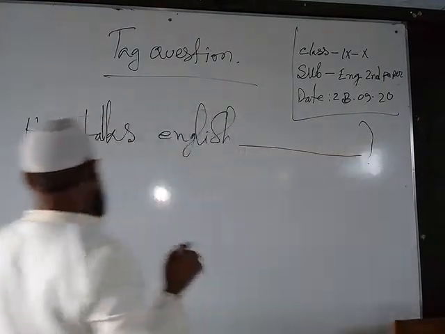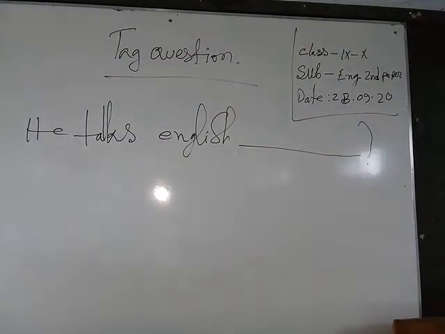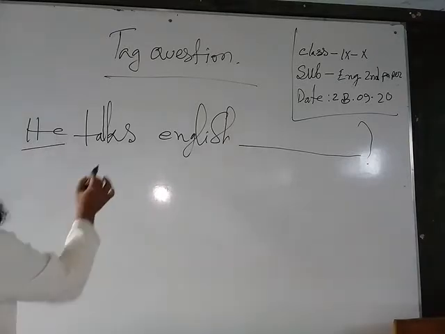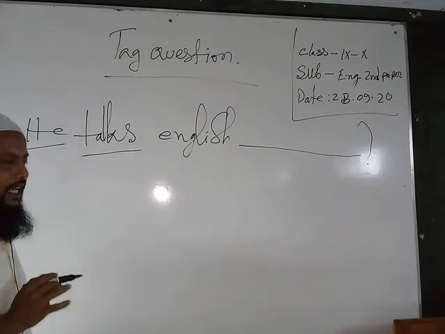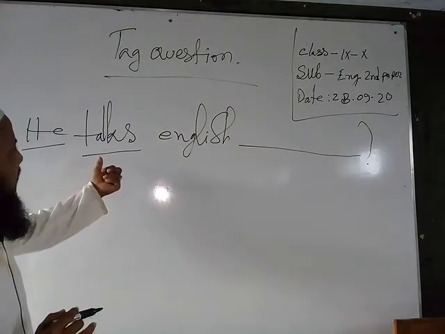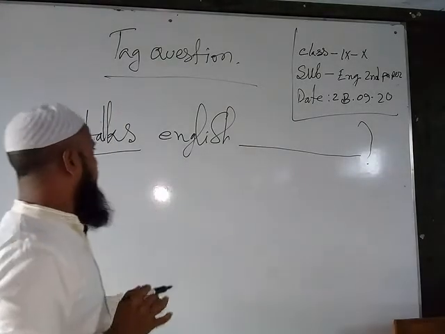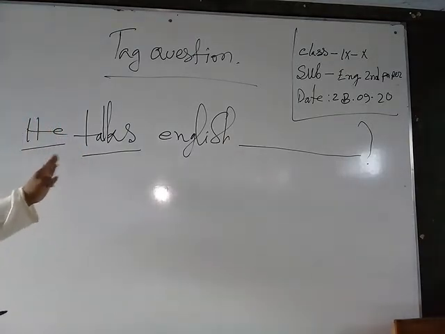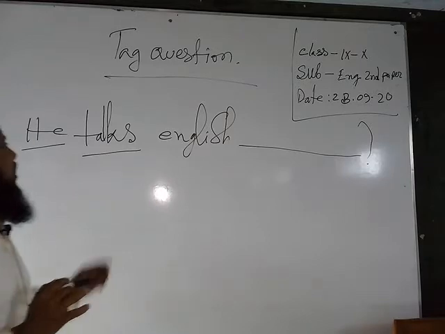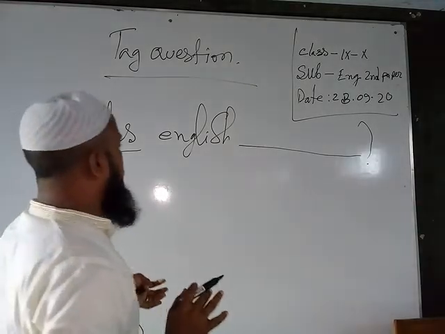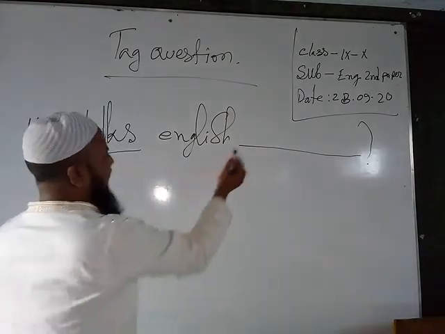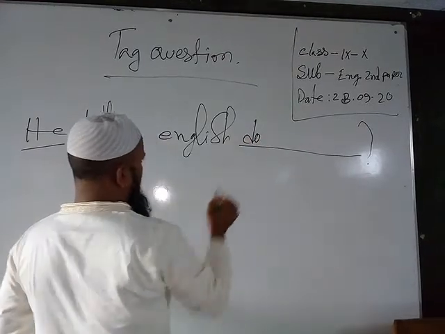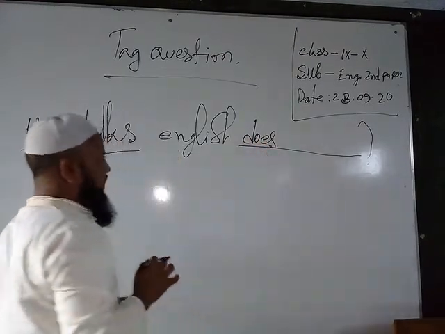Here, if the subject is third person singular number, the verb takes s or es. When the verb takes s or es, and if there is no auxiliary verb, we use does as a verb.